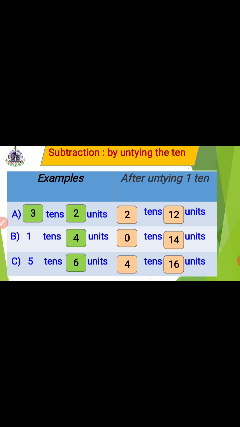Here in second example, 1 tens and 4 units, it means 14. So, if we untie 1 tens, we will get 0 tens and 14 units. In the same way, in the last example, 5 tens and 6 units, it means 56. So, if we untie 5 tens, we will get 4 tens and 16 units.